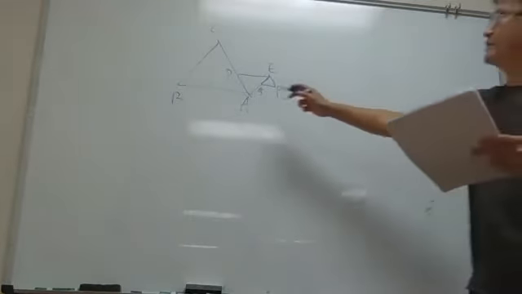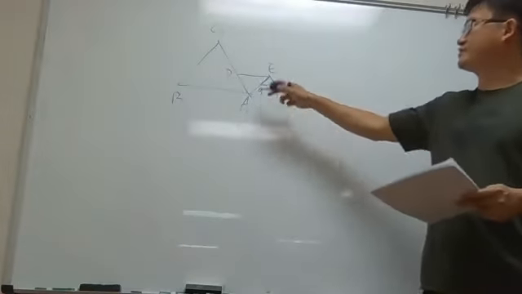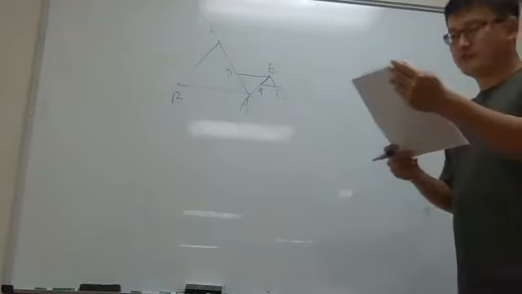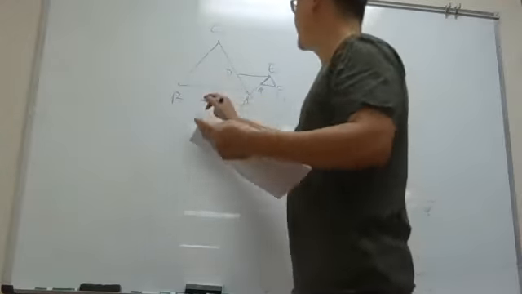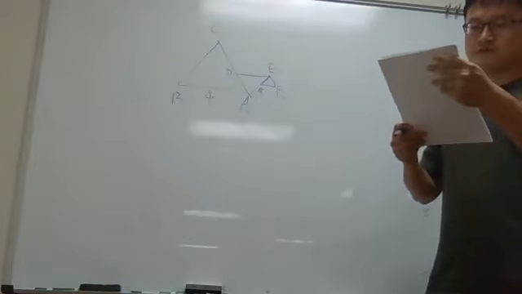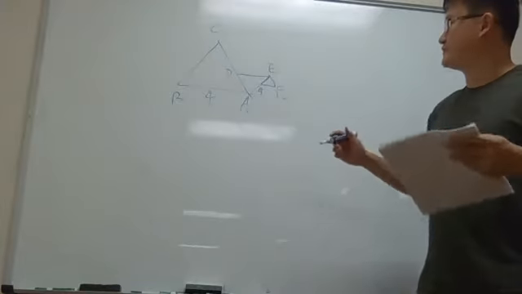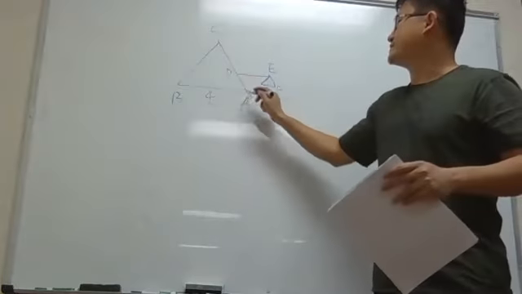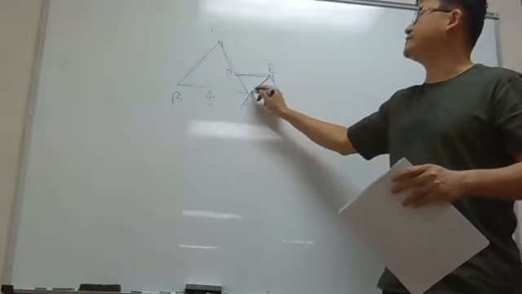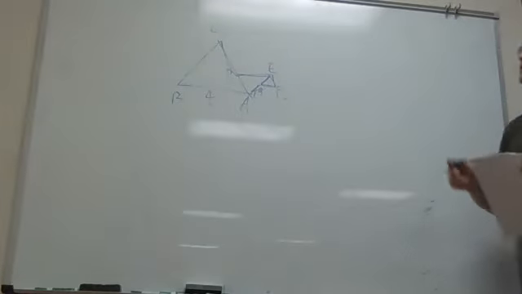D is the midpoint of AC, G is the midpoint of AE, and so on. We know that AB is 4, so these are all equilateral. And you're asked for the perimeter of this figure A, B, C, D, E, F, G, and back to A. That's very easy.